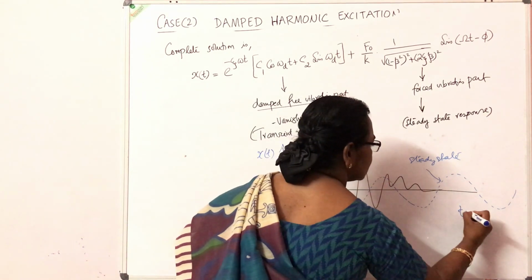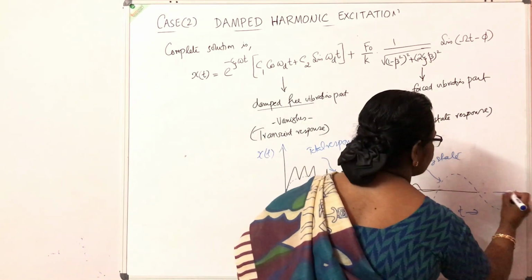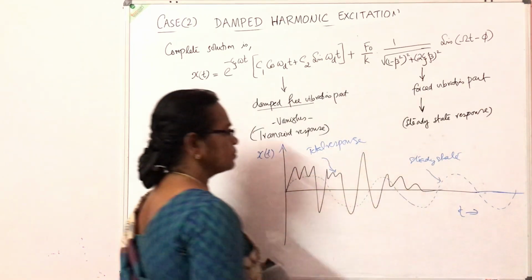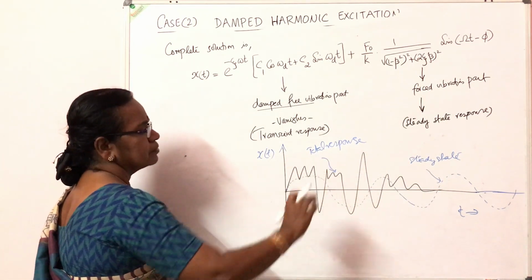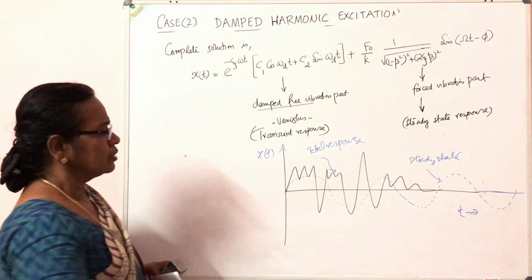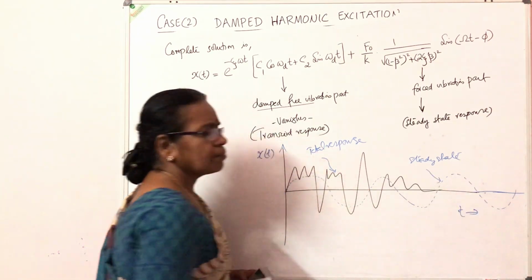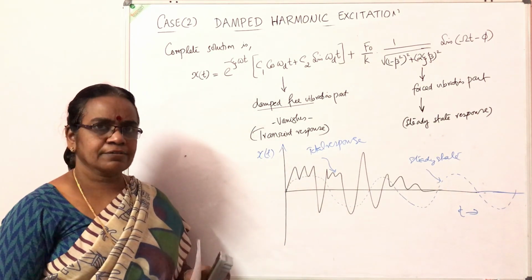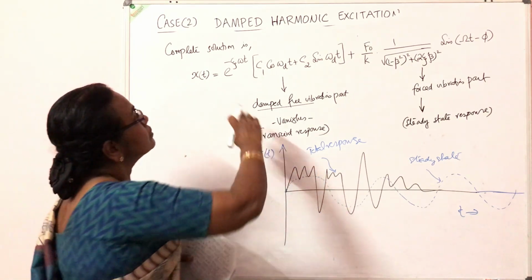X3 versus T. So after certain interval of time, after some initial period, the free vibration part vanishes out and the structure goes on vibrating at the frequency of the exciting source. Now this vanishes.